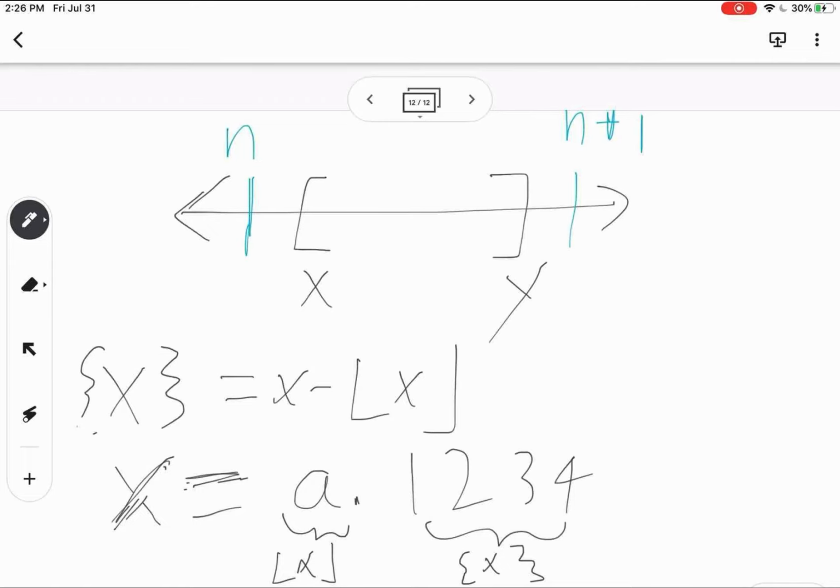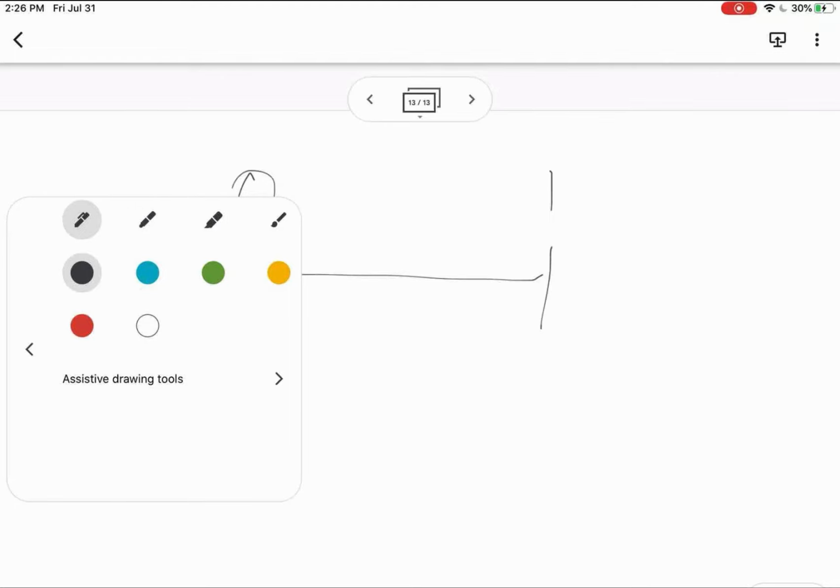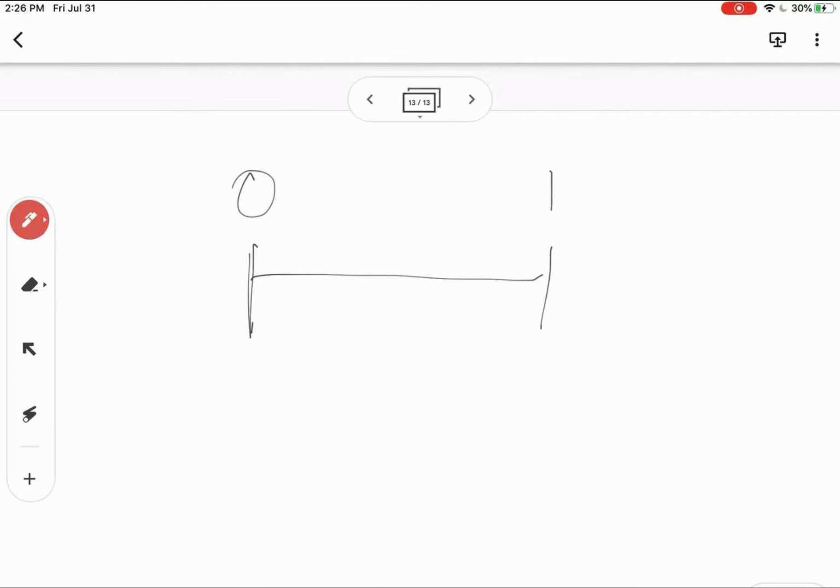So if we mod everything by 1, then we collapse the number line into just 0 and 1, right? We have our 0 and our 1, and we have a bunch of intervals, from the fractional part of x to the fractional part of y. And here we know that the sum of the total length is greater than 1.